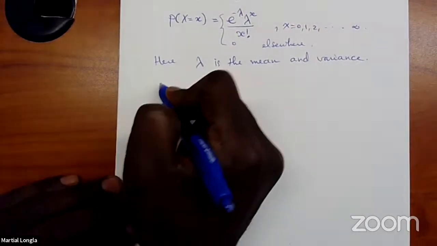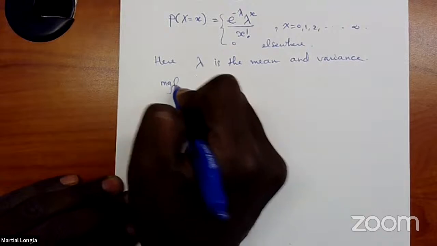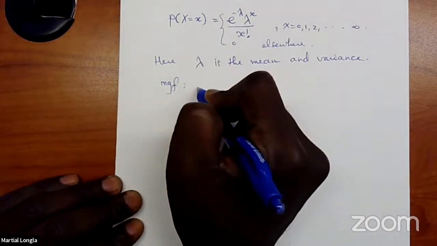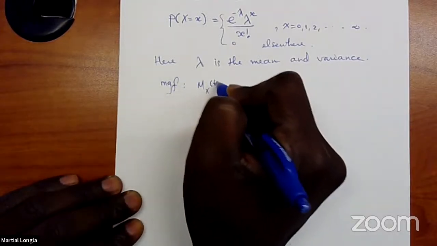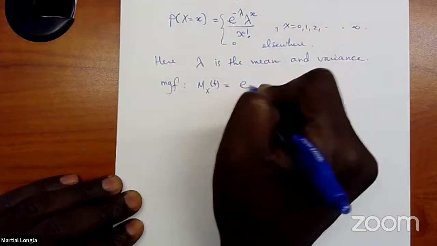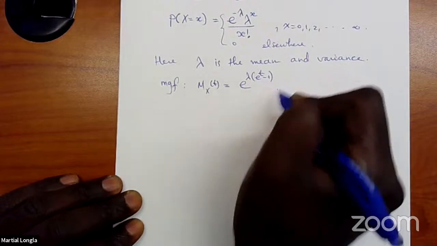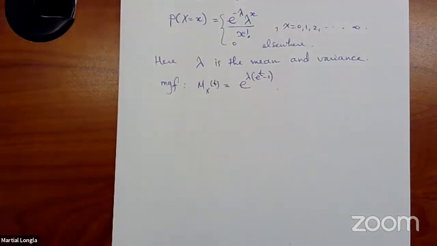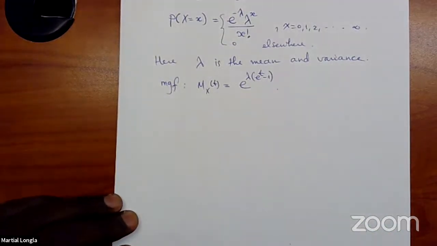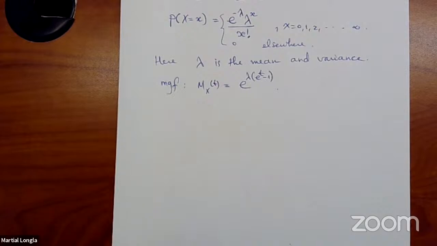The moment generating function here is M_X(t) equals e to the lambda times (e to the t minus 1). Lambda is the mean and variance. Yes, both.